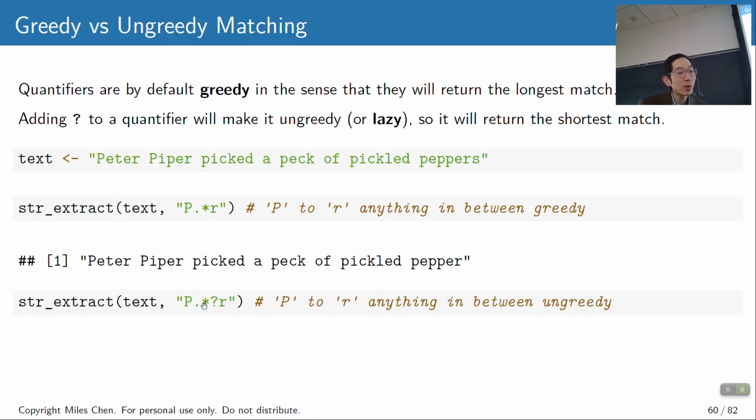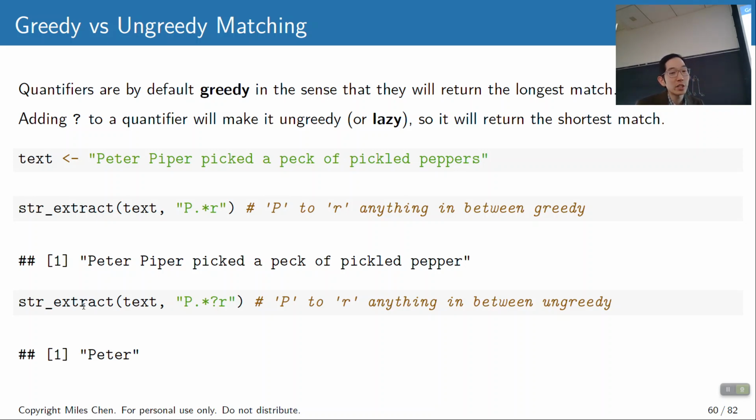If I put in a question mark here, the question mark says match only the smallest thing that matches, which will be from the capital P here to this R in Peter, and that will be it. Okay, and string extract says only the first match. So here we just get Peter.